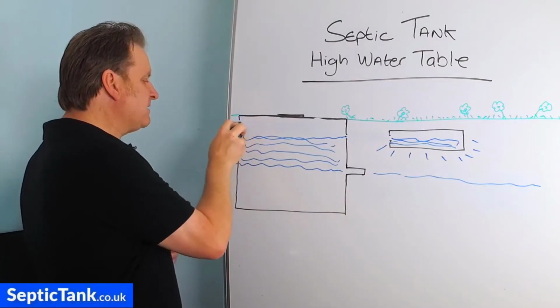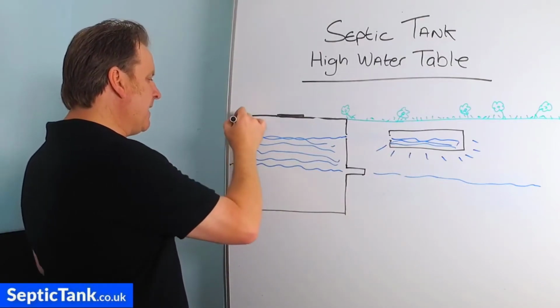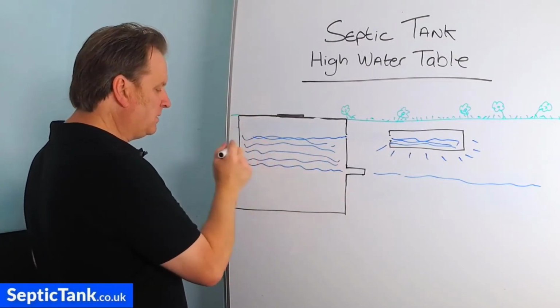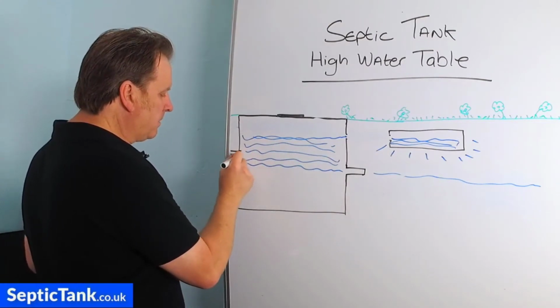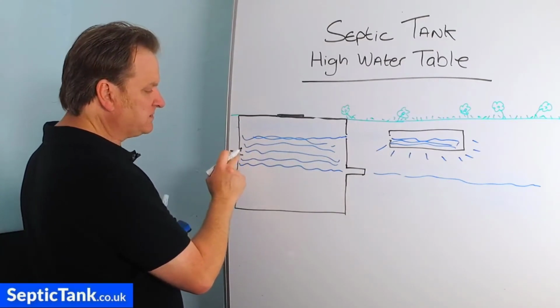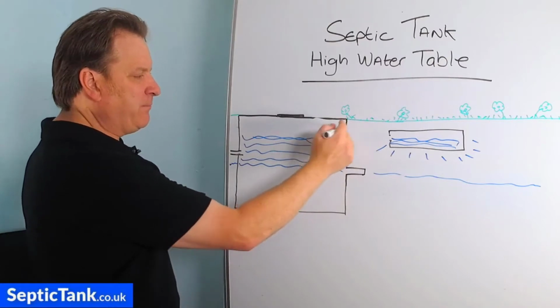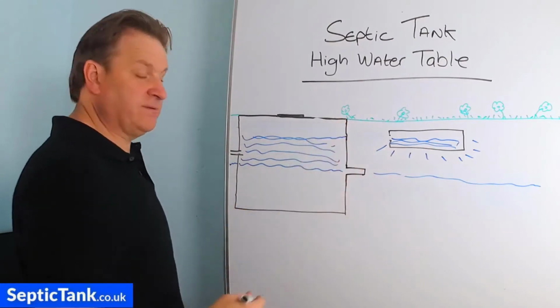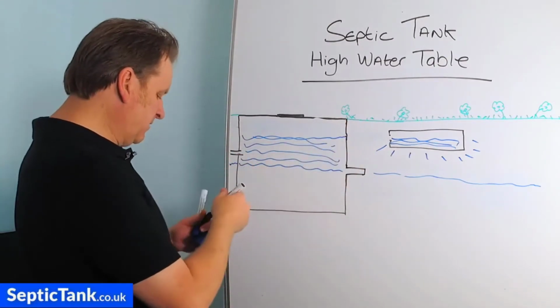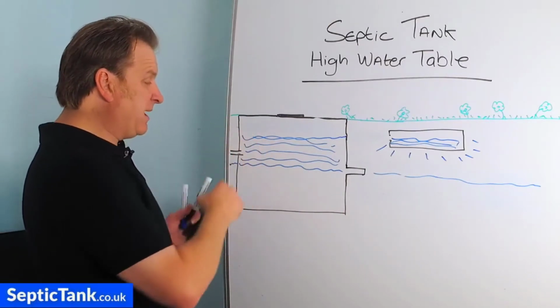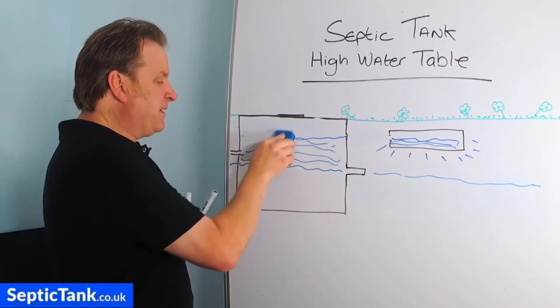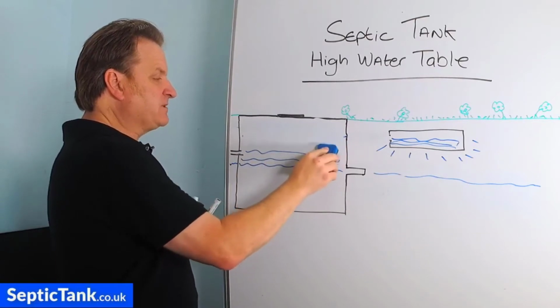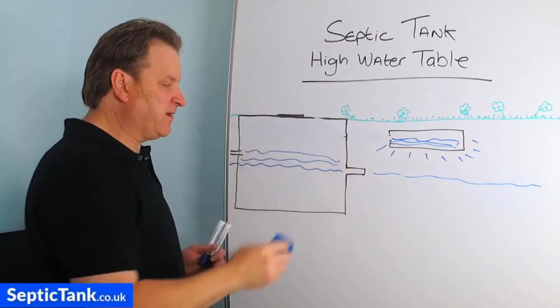Well, let's pretend that the inlet pipe was about here, coming into the tank. So if it was there, then obviously you can't have the outlet pipe higher than the inlet pipe. The water will just start backing up almost straight away back towards your house. So obviously that won't work, because everything works via gravity.